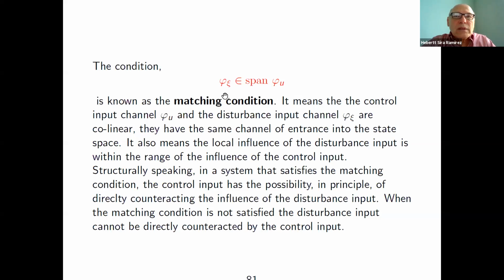Remember, this disturbance is not known, and you're fighting against something you don't know, but if structurally you know where it is pointing, then there should be something you can do. This is the moral of this story.